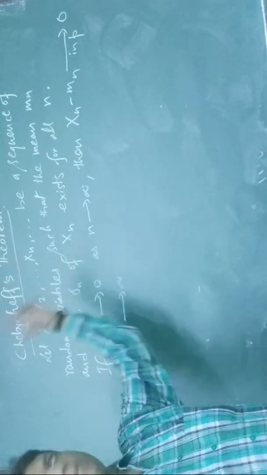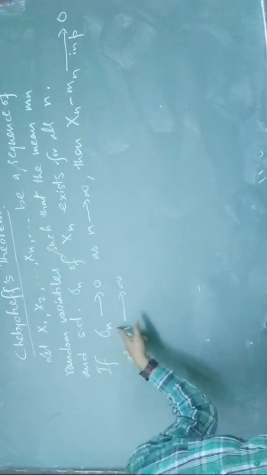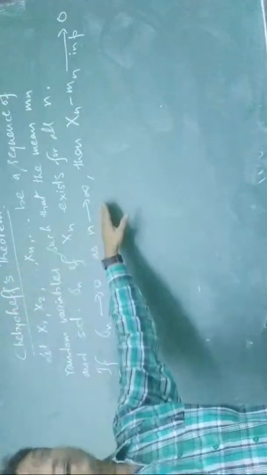And if sigma n tends to 0, that means sigma n is very small as n goes to infinity, then xn minus mn tends to 0, this difference will go to 0. In p means in probability.